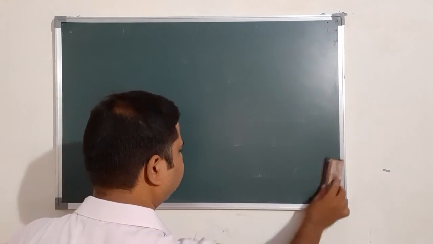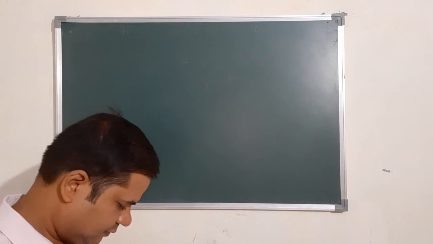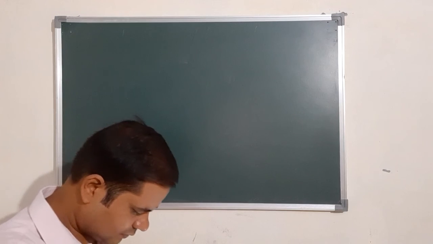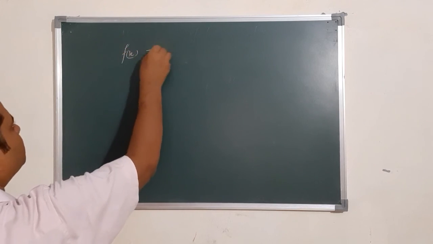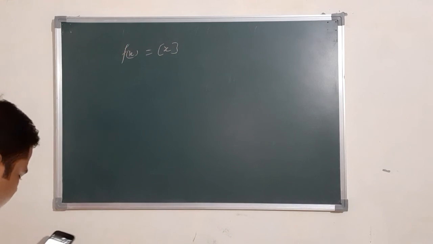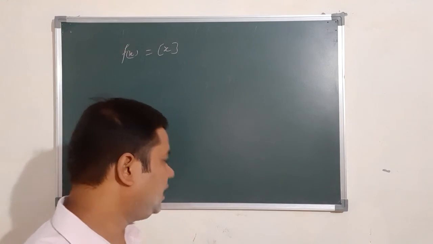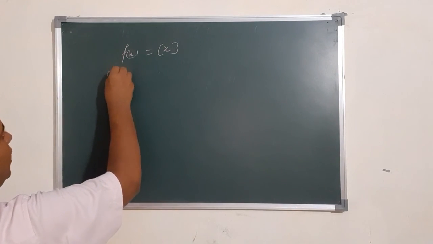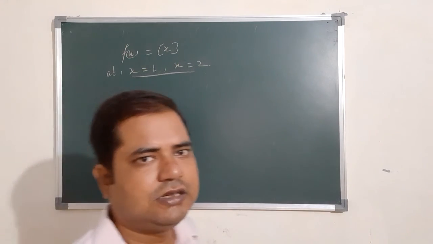Prove that the greatest integer function, see the question, prove that the greatest integer function defined by f(x) is equal to [x], where x is less than or equal to 1, is not differentiable at x equal to 1 and x equal to 2. At x equal to 1 and x equal to 2, this function is not differentiable.